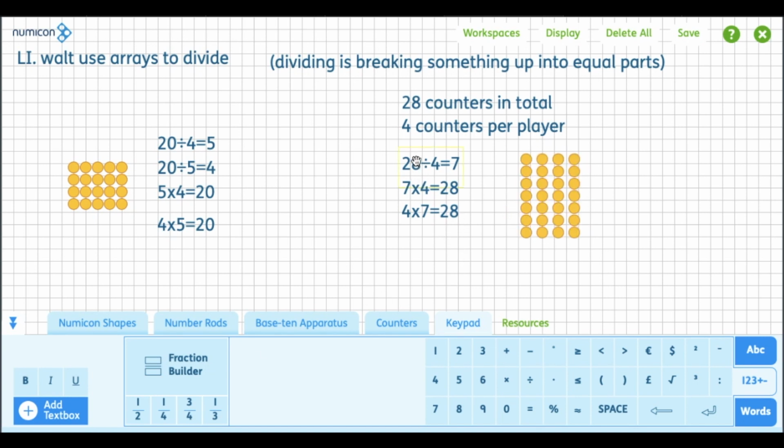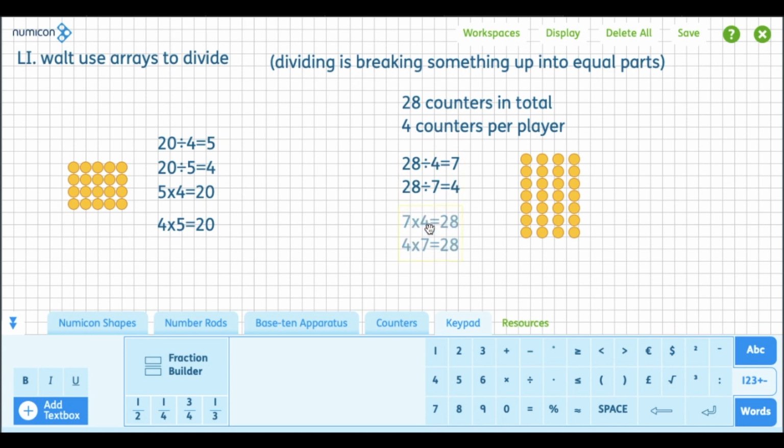Which means that our last sentence could be 28 divided by 7 is equal to 4. Okay, so for every array we can have 2 multiplying sentences and 2 dividing sentences.